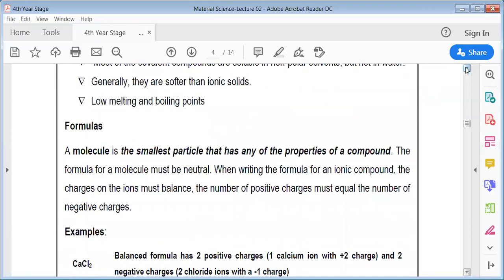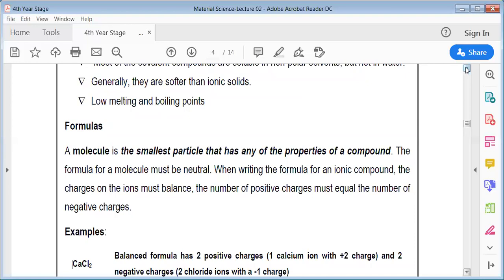Now, what do we mean by formula? A molecule is the smallest particle that has any of the properties of a compound. The smallest particle of a compound which still has the property of that compound is, of course, as we said, composed of elements in a certain ratio. For example, hydrogen peroxide, which is H2O2.